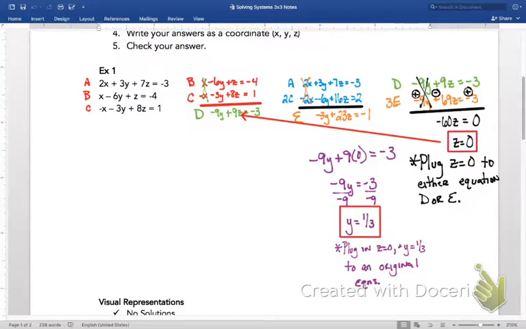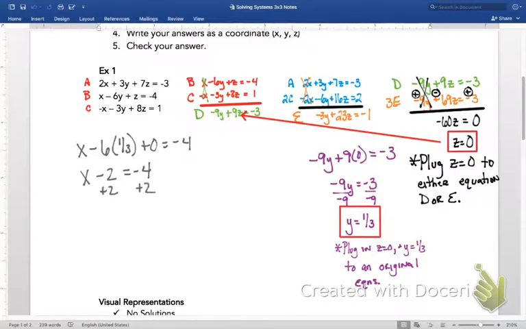So all I'm going to do is take x minus 6 times 1/3 plus 0 equals negative 4. So I have x minus 2 equals negative 4.